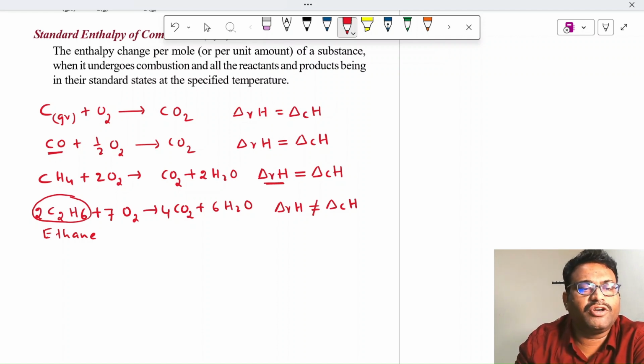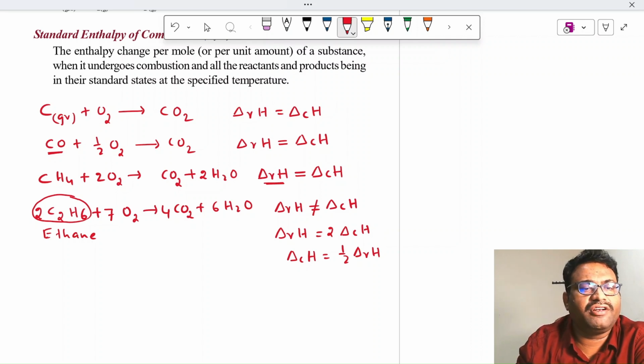Not equal, because 2 moles. Then what will be the relation between enthalpy of reaction and enthalpy of combustion now? Enthalpy of reaction is equal to 2 into enthalpy of combustion. Right? Or enthalpy of combustion is equal to half of enthalpy of reaction. So this will be the relation.